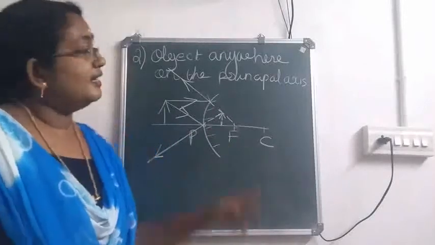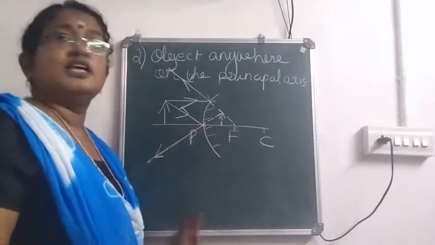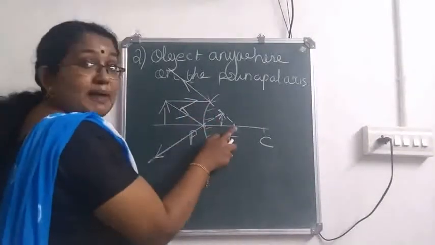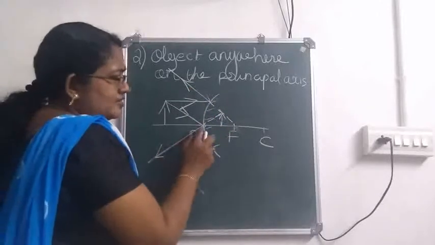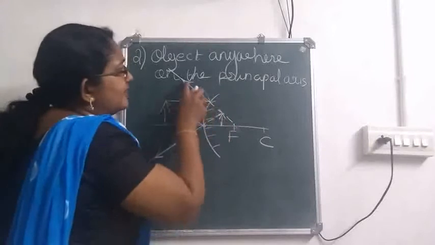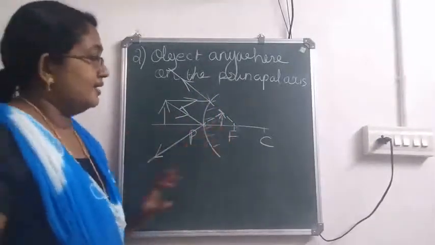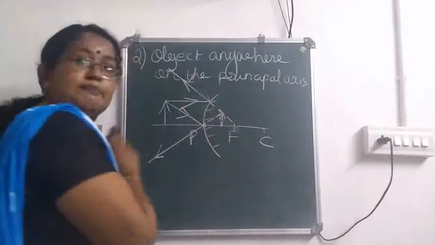When you extend them backward, they meet at a point and we will get the image at that point. So this one I am extending in the backward direction so that it touches the focus. Here it is okay. Simply extend it so that it meets this reflected ray. Then this is the point where you get the image.